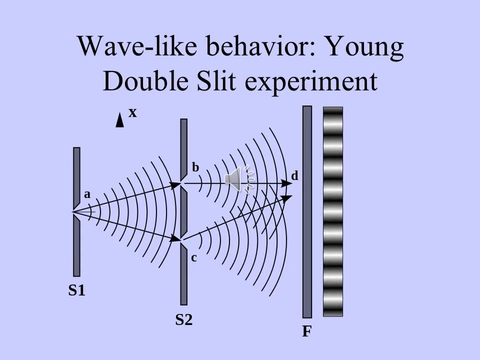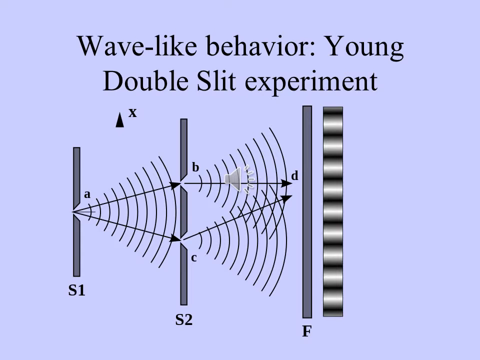It was left to Young in the years 1801 and 1802 to conduct an experiment that proved that light behaves sometimes as if it was a wave. The picture shows how a wave coming as if from a pebble that was thrown at point A hits two openings.